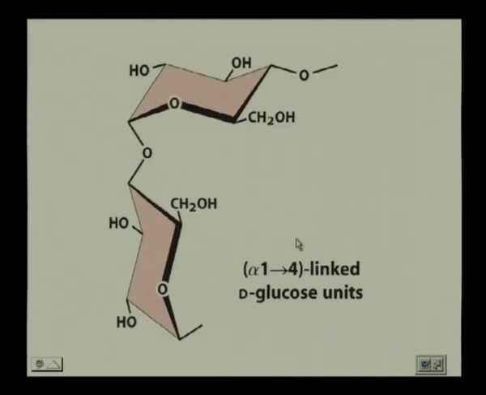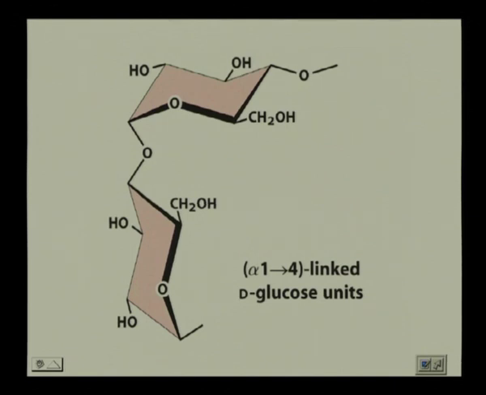Okay? This is actually what it would look like if you were to draw it correctly. This would be alpha 1,4 linked D-glucose units. So, what can we have? We can have other units linked together. So, the whole structural aspect comes into the picture now, because we are actually not going to have those projections that we are drawing, but we are going to have actual chair conformations.